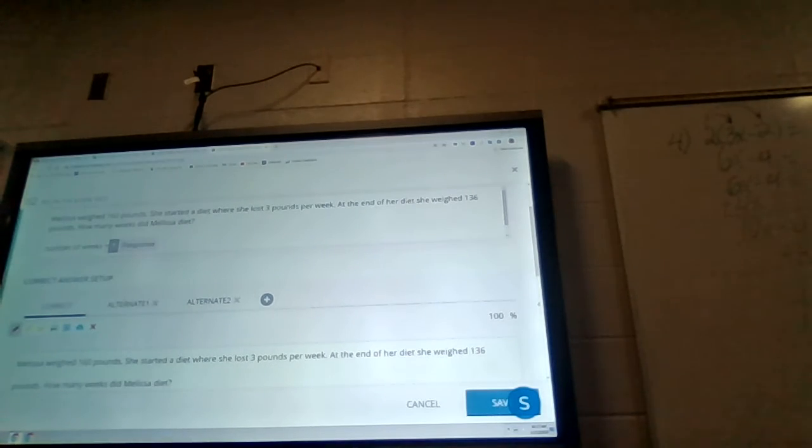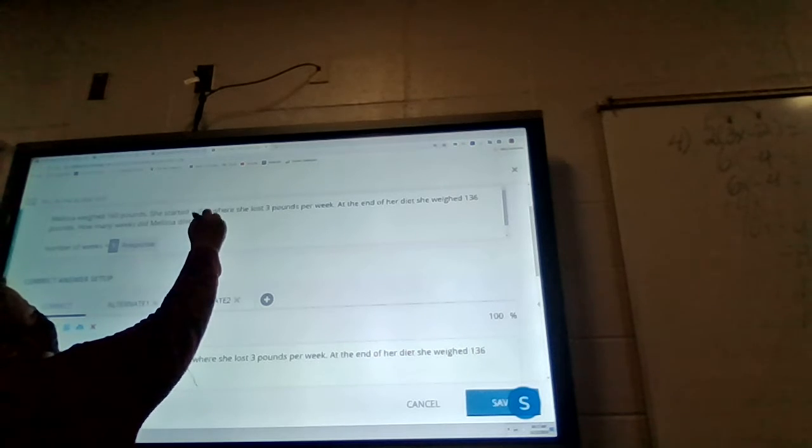Okay, she started a diet where she lost 3 pounds a week. At the end of her diet, she weighed 136 pounds. How many weeks did Melissa diet? So we're looking for the number of weeks that she dieted. So we'll let that be our variable.